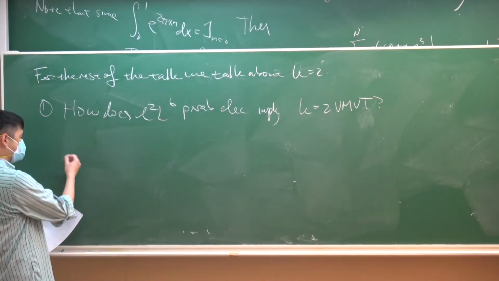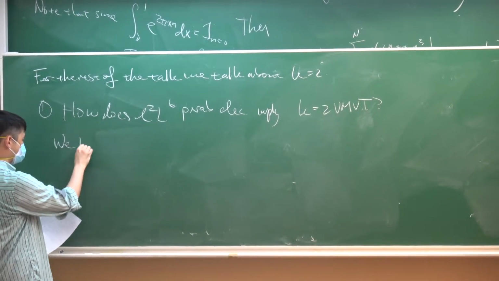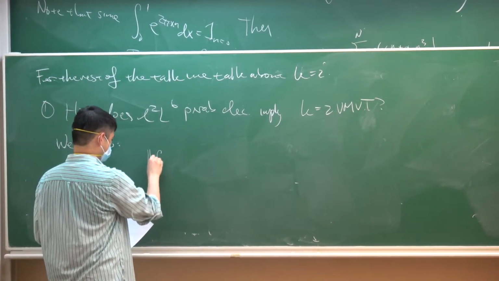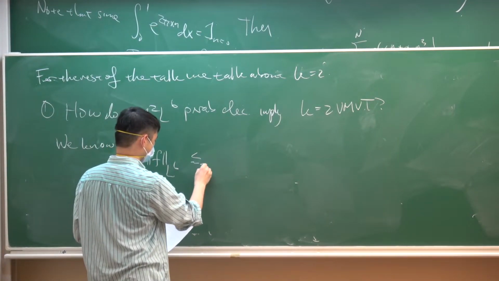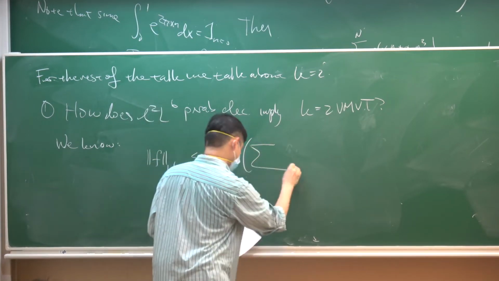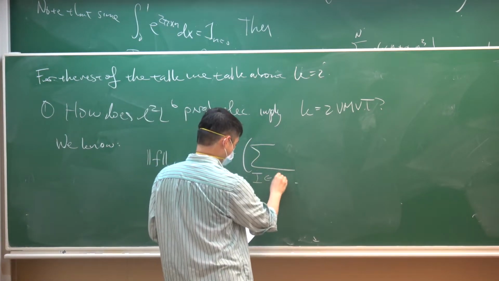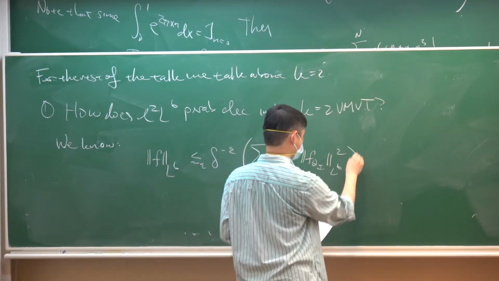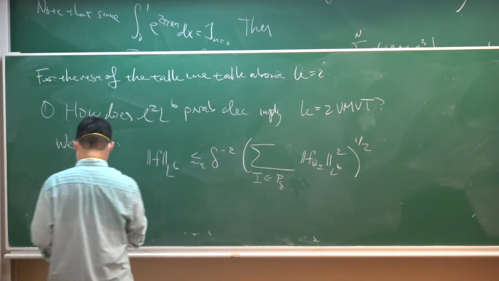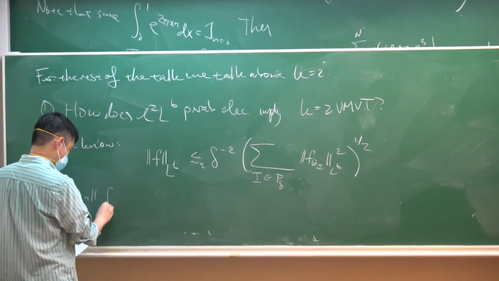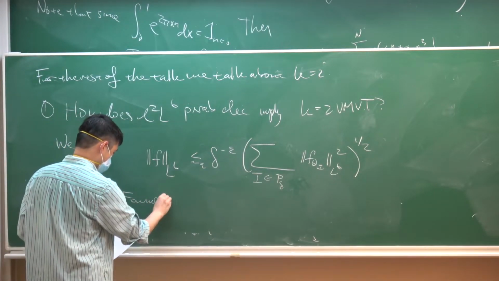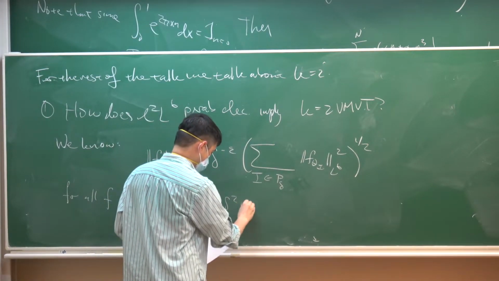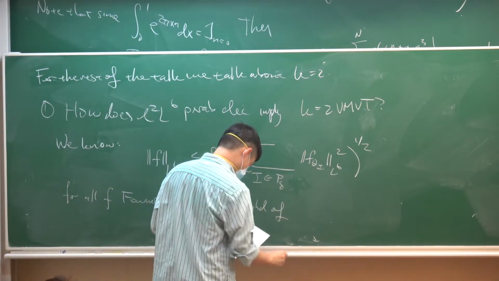Okay, so we know that the L6 norm of f is bounded by delta to the minus epsilon times the sum over I in P delta of the L6 norm of f theta I squared, to the 1/2, for all f Fourier supported in a delta squared neighborhood of the parabola.